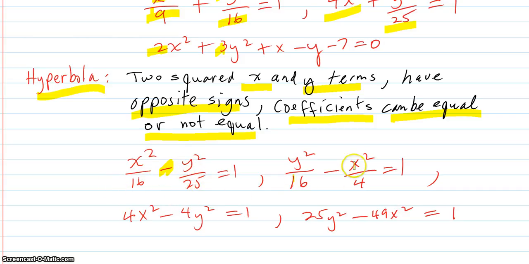And you have two of the squares, opposite sign terms. Here you have the same coefficient, but it's the opposite sign terms. And here, opposite sign terms. So this almost would have been a circle if that had been a plus, but it's a minus, so it's a hyperbola.